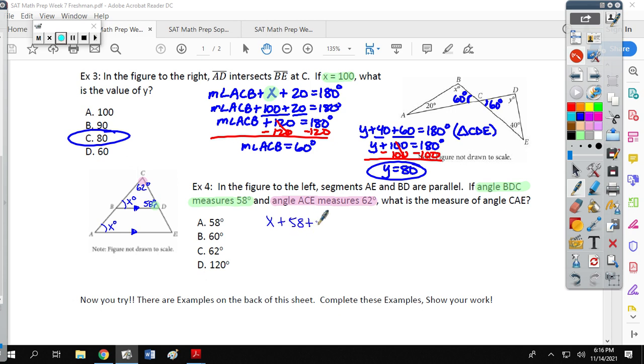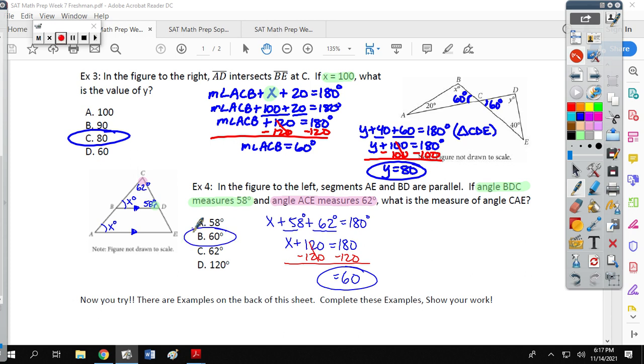X plus 58 plus 62 is equal to 180 degrees. Again, just like the others, we're going to add like terms. X plus 120 equals 180. And then we are going to subtract 120 from each side, which will give us that the angle we're trying to find, angle CAE, is a 60-degree angle.